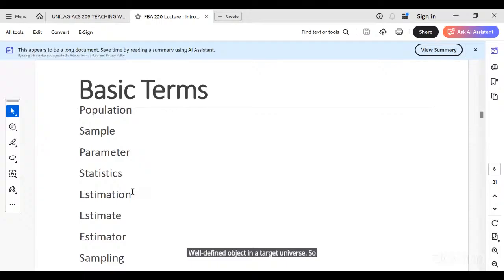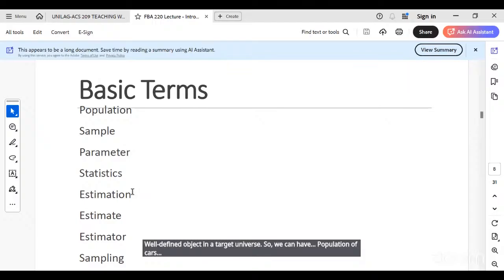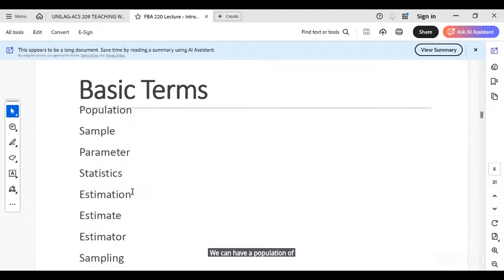So we can have population of cars, population of students, population of factories, population of workers. So population that we refer to in this course means collection of well-defined units in the target universe. Population can be finite and it can be infinite.